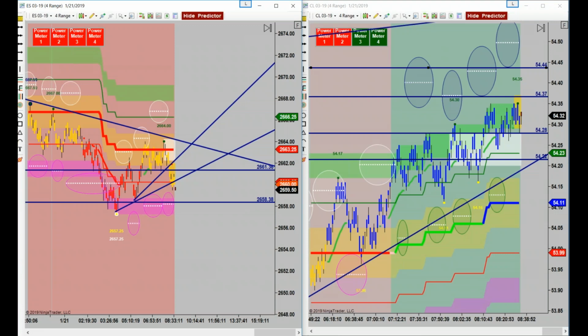There you go. All right. No higher low. Take out this line for us, please. No higher low. Watch it. Don't let it go back above this line right here that I've drawn.